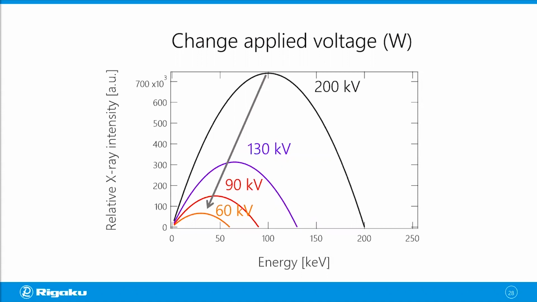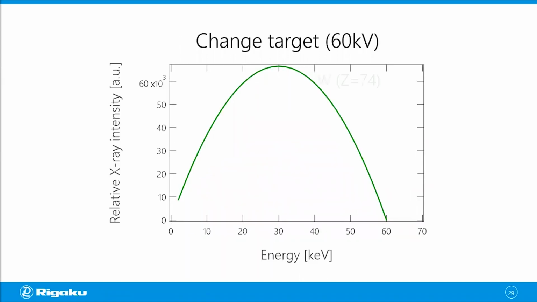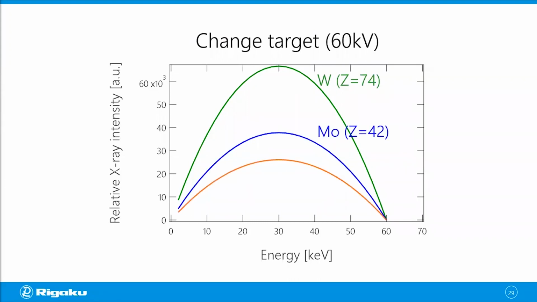So this is a calculation for a tungsten target. But what happens if you change that target to something else? By the way, tungsten's atomic number is 74, so it has a lot of electrons in it, and we're applying 60 kV. If you change this tungsten target to molybdenum, number 42, or copper, number 29, you see that the X-ray intensity goes down, but the energy distribution does not change.